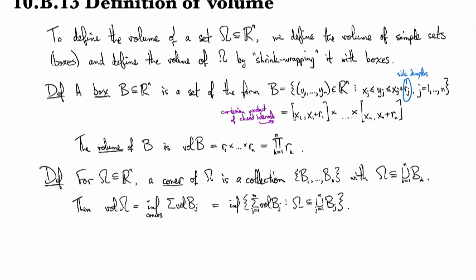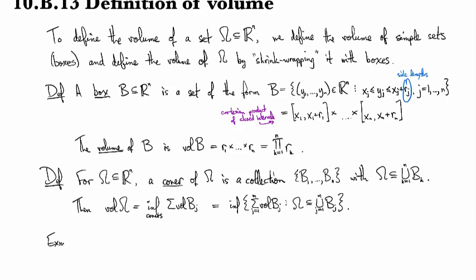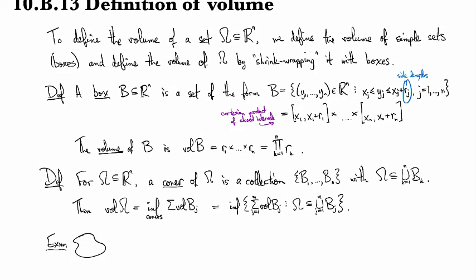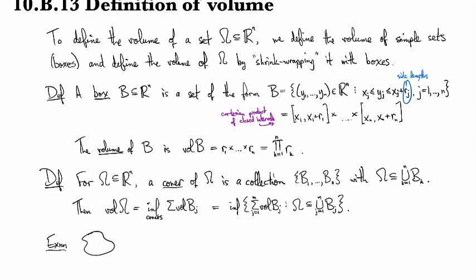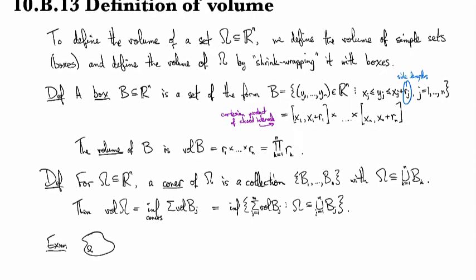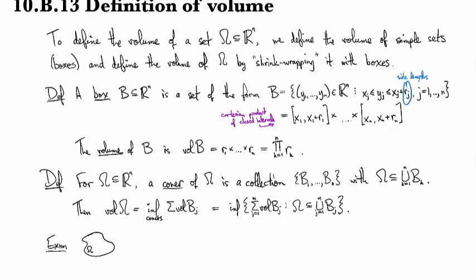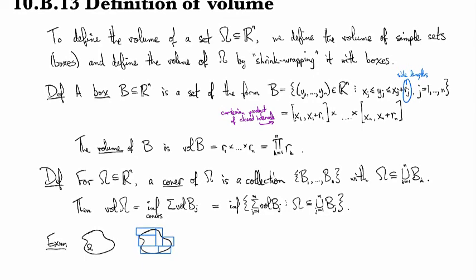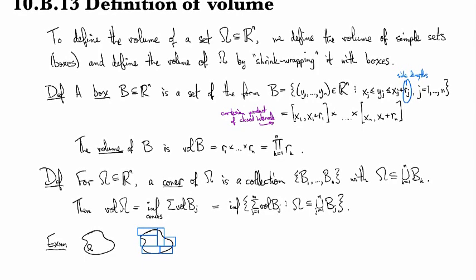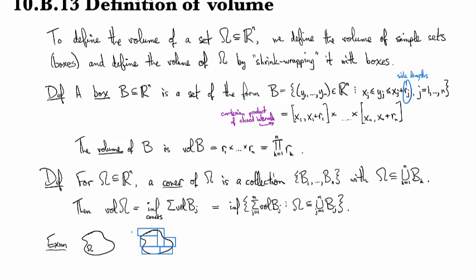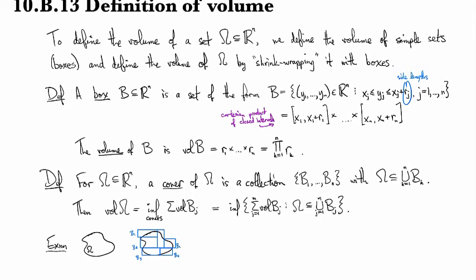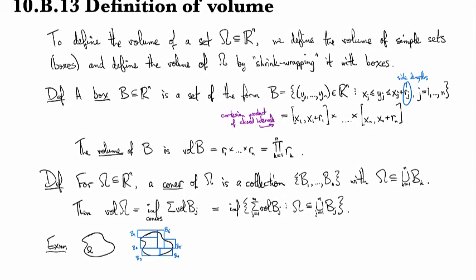Okay, just to make this a little more visual, suppose we have some set omega. Here's a picture of omega in Rn. Let's cut it up into little boxes: B1, B2, B3, B4, B5, B6.